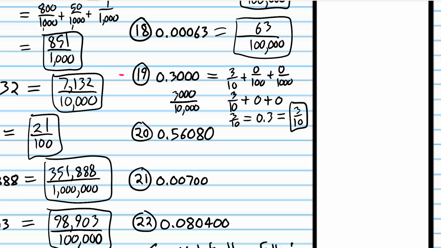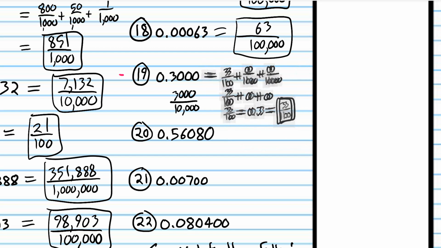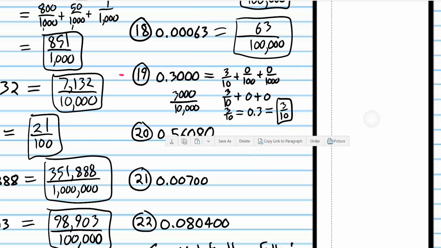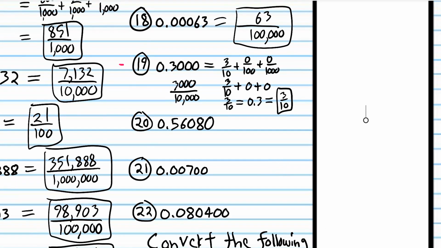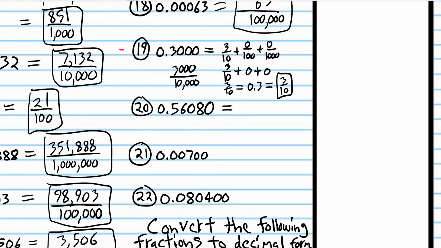Okay, so let's reduce the size of this a little bit. All right, so again, we have an ending 0, so we can just kind of ignore that 0, and we can just say 5,608.